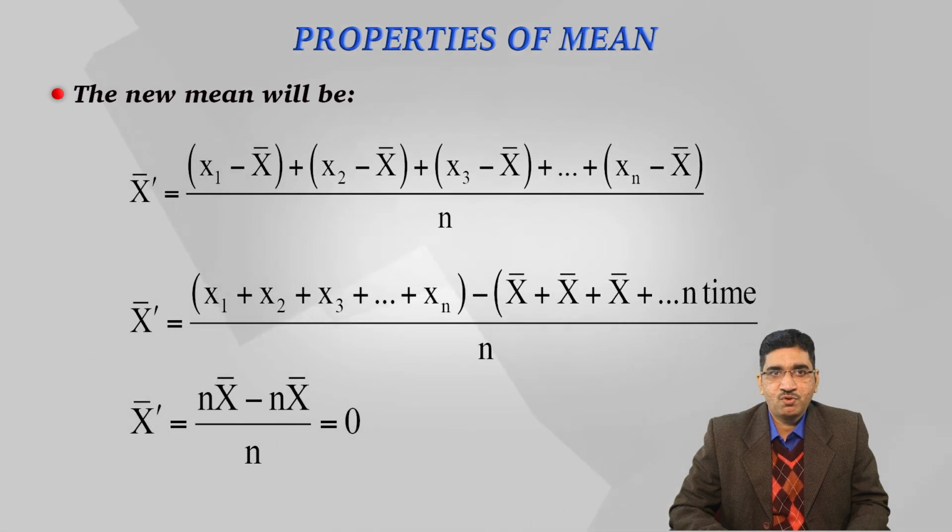The same quantity is there in the numerator and it cancels, and it becomes 0. By this derivation we have proved that if we take the sum of deviations of all the values in the data with respect to its mean, then it will become 0.